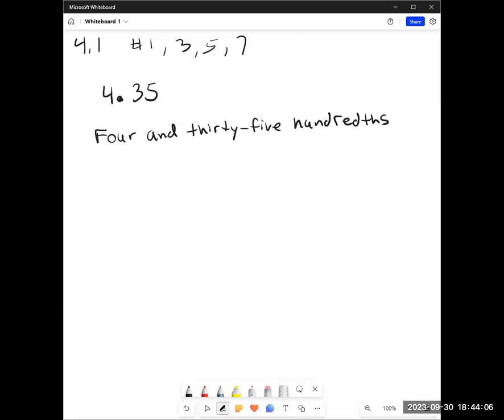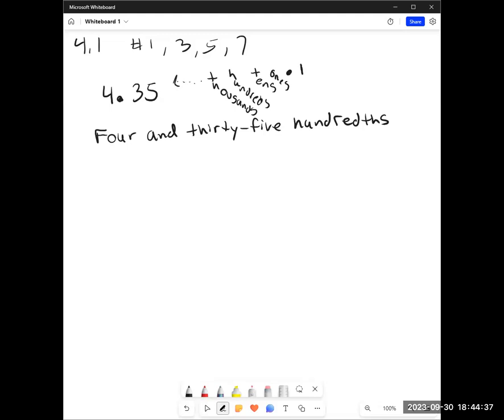So hopefully you know your place values from your notes. But if you need a reminder, we have our decimal point here. We have ones, tens, hundreds, thousands. We talked about all these with whole numbers, and we went out pretty far to the left when we started off.